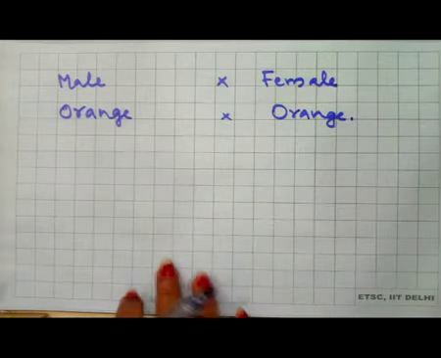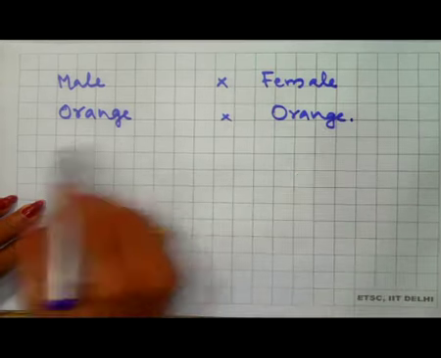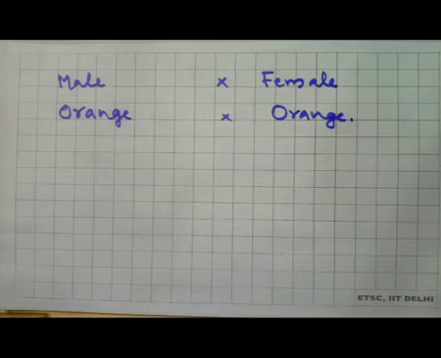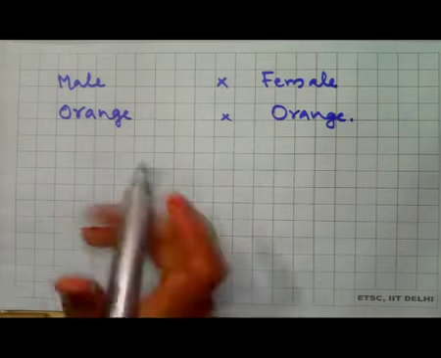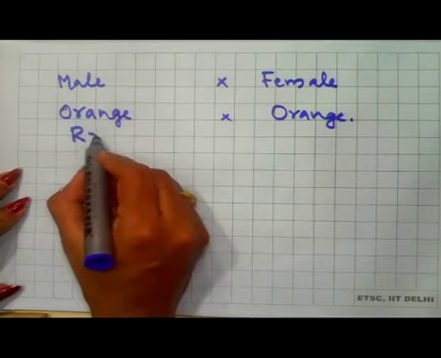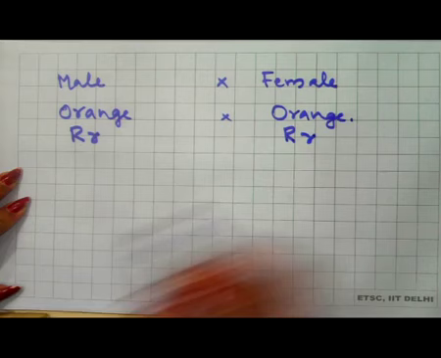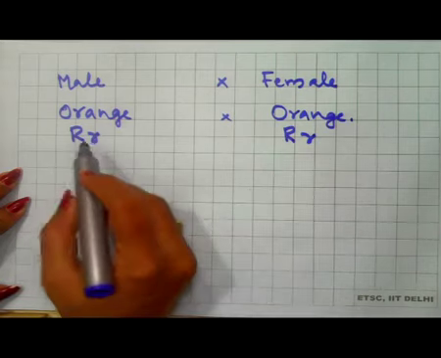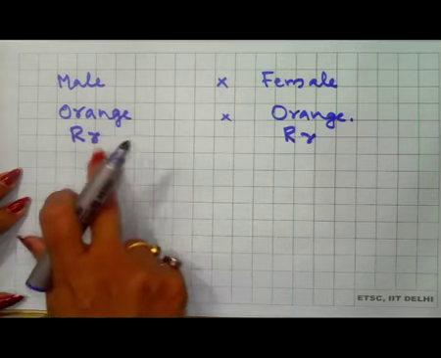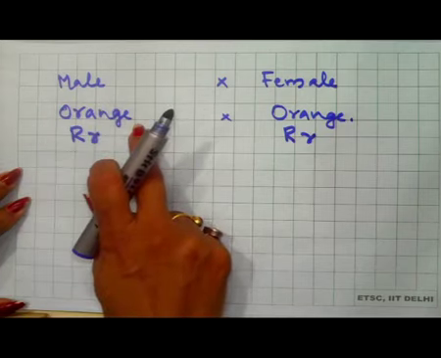Male and female parents, both the parents the phenotype is orange, and the offspring are 25% red and 25% yellow. That means capital R gene and small r gene is here. Here also capital R and small r gene present. Capital R gene is incompletely dominant over small r gene and produces a third phenotype, that is orange.